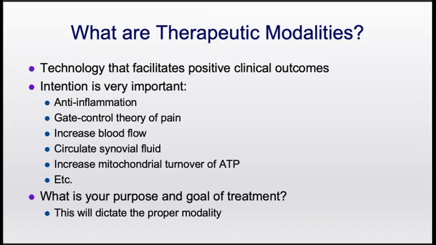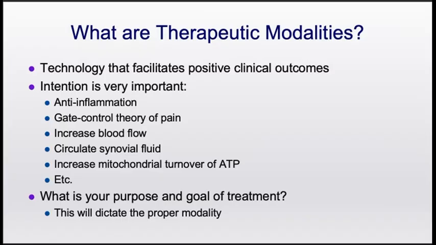There are a number of different reasons why we use therapeutic modalities in rehab. It can be used for anti-inflammation effects. We can look to reduce pain using the gate control theory, which we discussed in week 2 or 3 of this course. We can look to increase circulation and blood flow. We can try to push synovial fluid around in case there's some sort of synovitis or inflammatory process happening there.